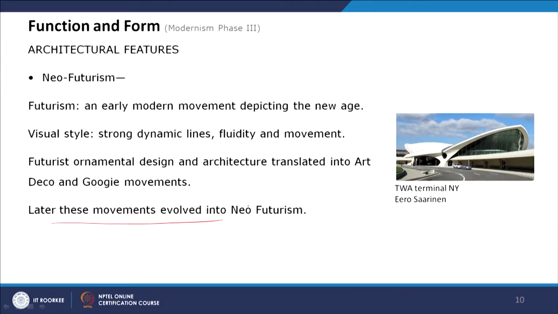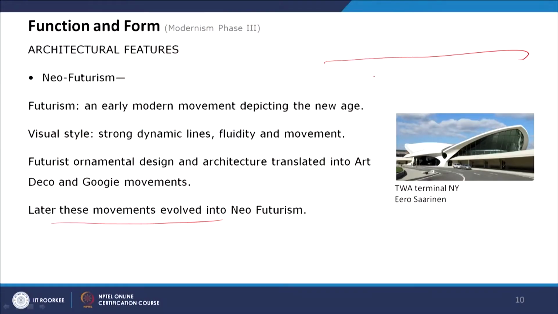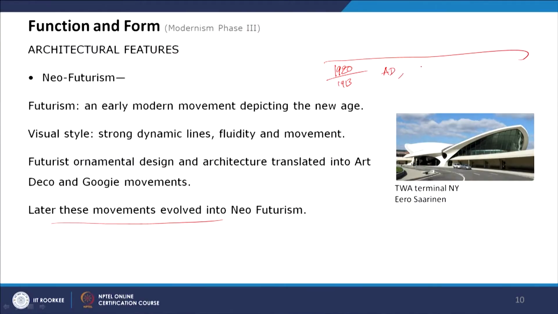Later this movement evolved into the neo-futurist style, which was the highest form of these movements. All these movements went parallel to the modern movement. Futurism started around the 1930s. We have seen this painting Cyclist, painted around 1930, where movement and aesthetics were important. In Art Deco and the Guggenheim movement, form was very important.